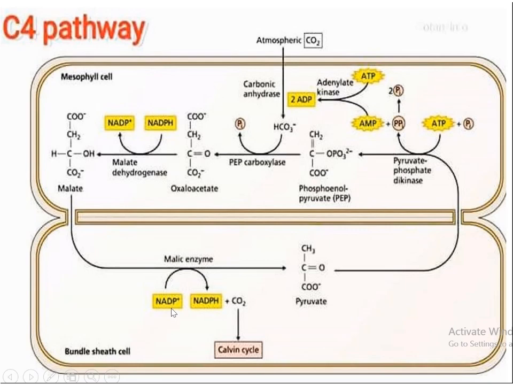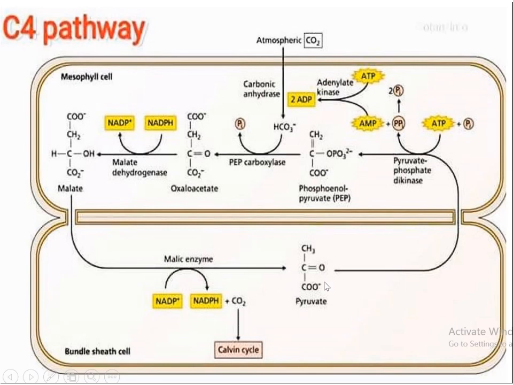And here, in this stage of the Calvin cycle, the carbon dioxide released in decarboxylation combines with the ribulose 1,5 bisphosphate of the Calvin cycle, and actually it enters into the Calvin cycle.